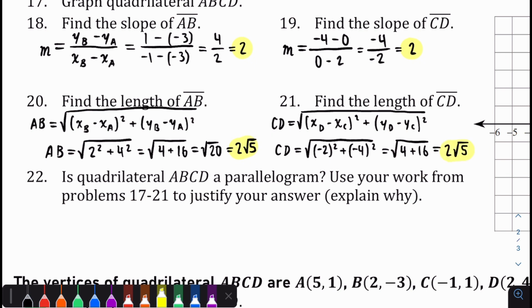So the big question here, is quadrilateral ABCD a parallelogram? Well, looking at what we found, AB and CD have the same slope, and they have the same length.